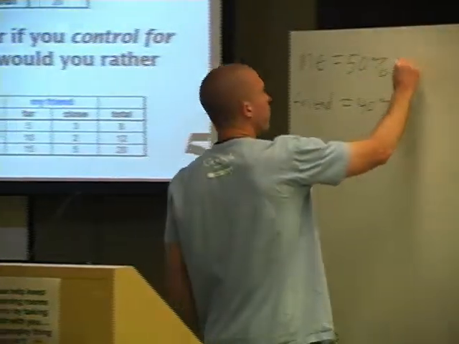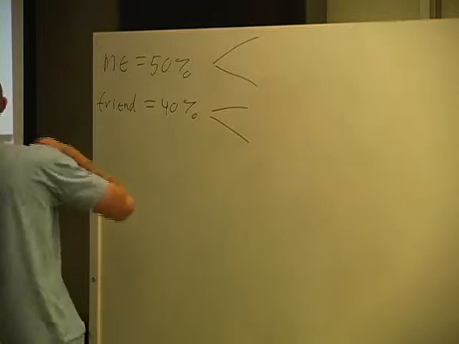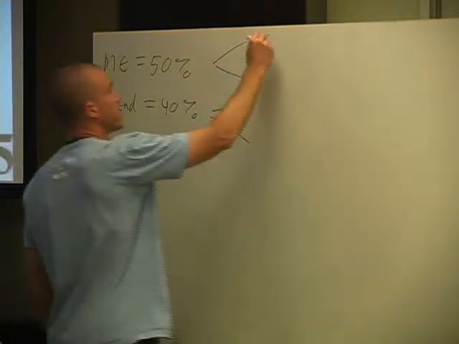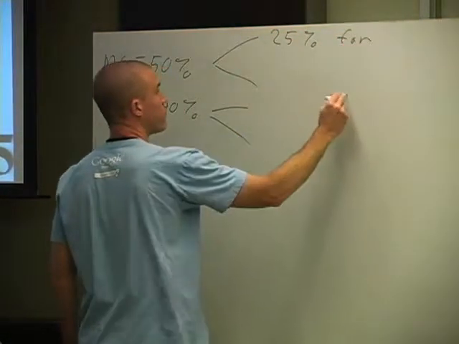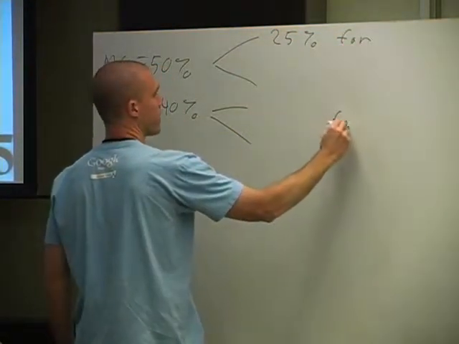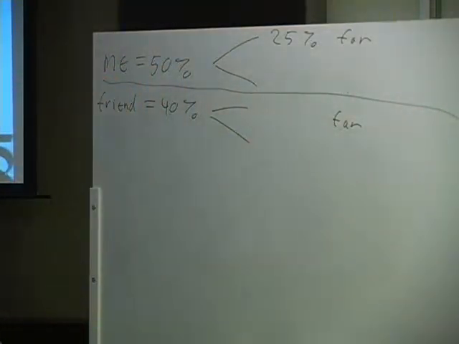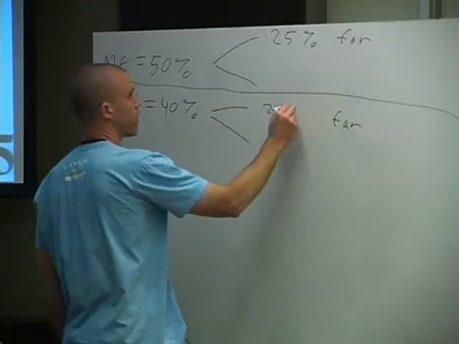But when you control for the distance, that's when things get different. Me from far, remember, I was 1 out of 4, so I was 25% from far. My friend from far, let me split these between me and my friend, he shot 5 out of 15, so he is a 33% shooter from far.